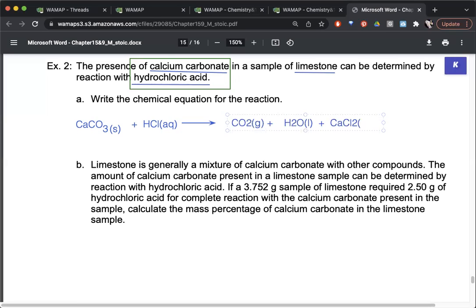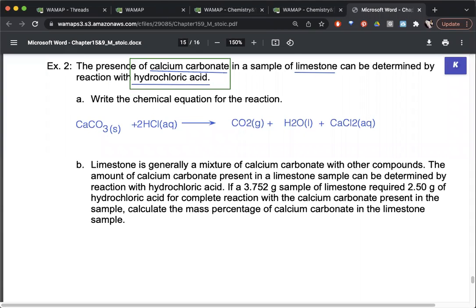Rule number 3 says halogens are all soluble except silver, lead, and mercury. So this one is aqueous, soluble. We're going to need 2 of those chloride ions. Then, I think everything else is 1.